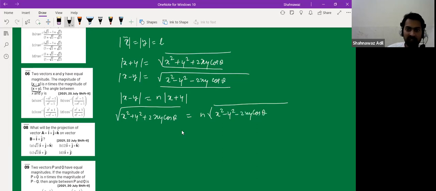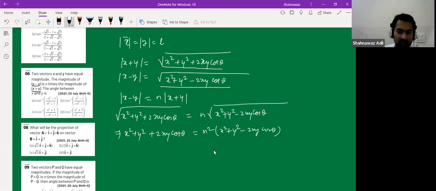And then for simplification, we can square on both sides. So this would be how much? Right, guys?